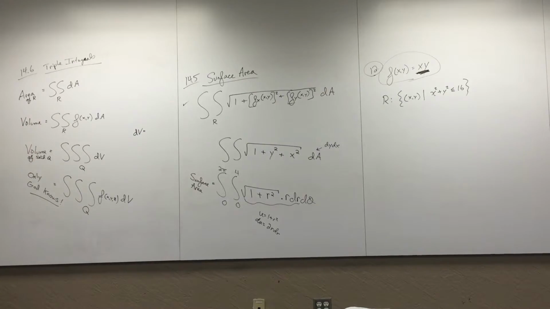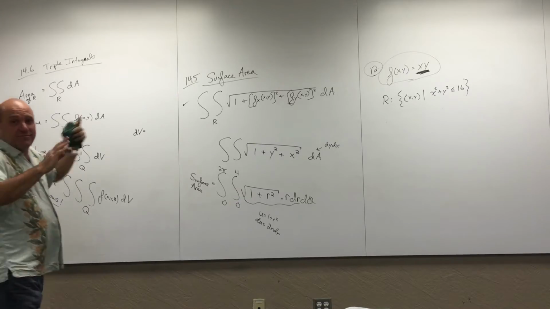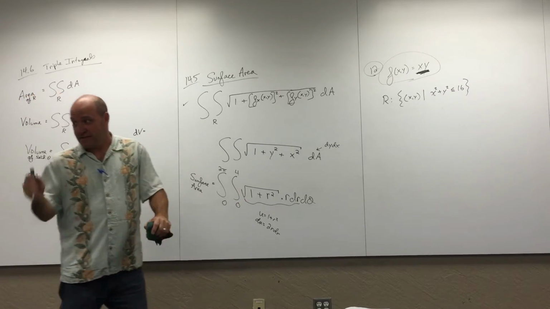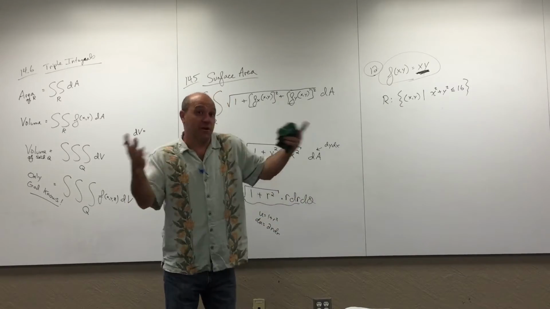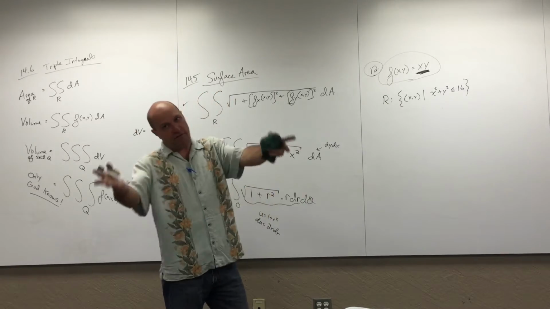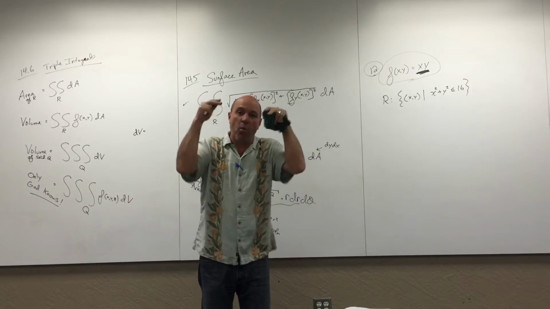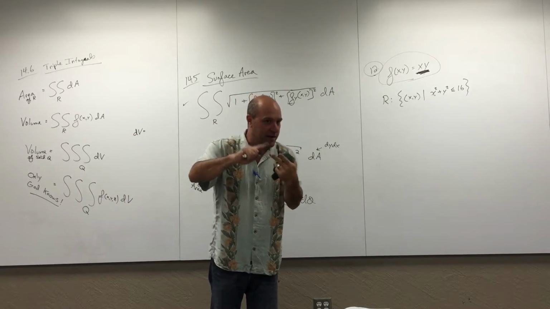Because, remember, we just barely did it, but we did move into 14.4 and 14.5, just in 10, 15 minutes, so real quick. But what we learned there is that double integrals can be used for moments of inertia. Depending on what you integrate, it's not always just area and volume.